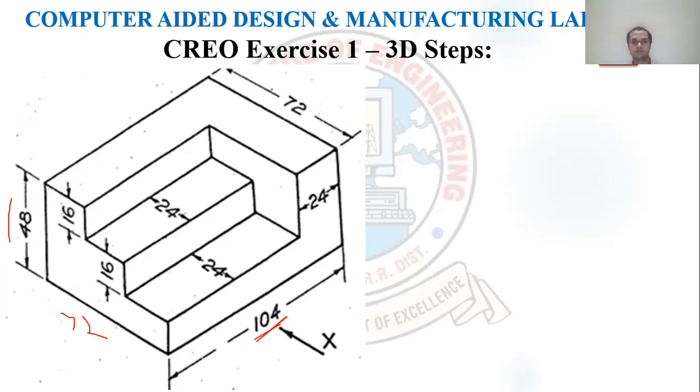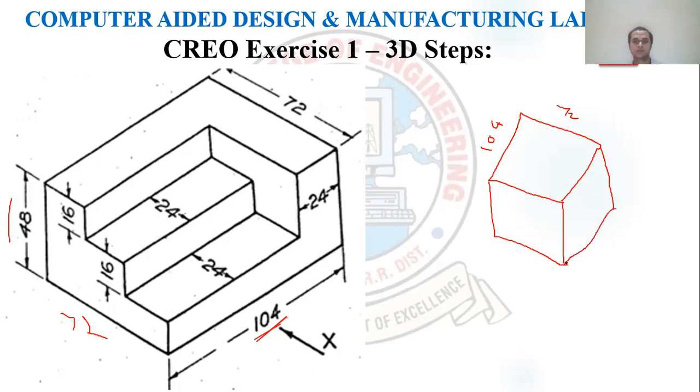I'll explain how to draw this one. First, you will be drawing the top view based on these dimensions. This will be 72 and this will be 104. After drawing the top view, I'll give the extrude command. The extrude command converts a 2D object into 3D.